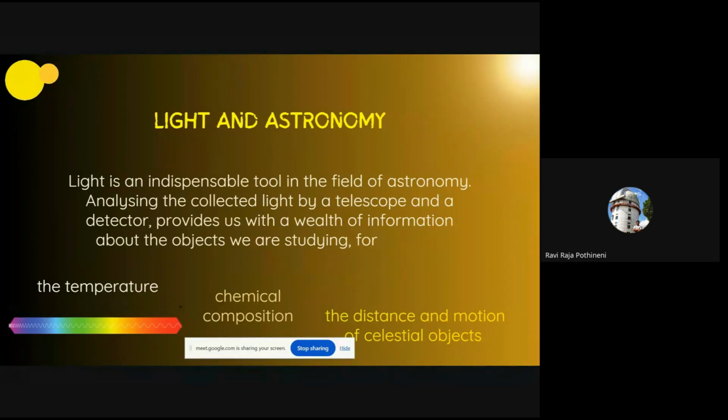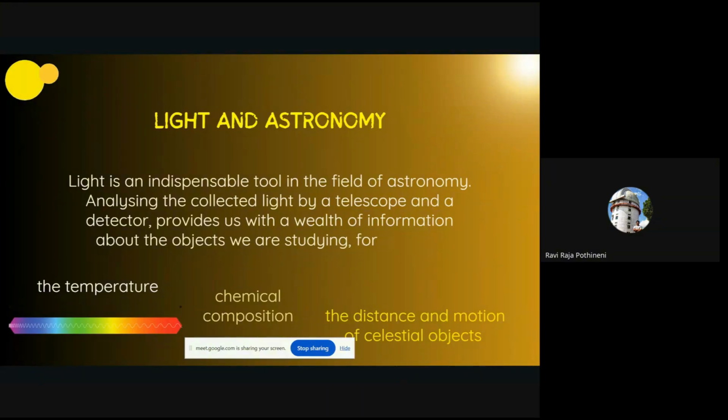We analyze the collected light, which is collected using a telescope and a detector. It gives us a lot of information about the celestial object, like the temperature and chemical composition, and not just that, it also tells us about the distance and the motion of celestial bodies. It is such an important component for us in astronomy.